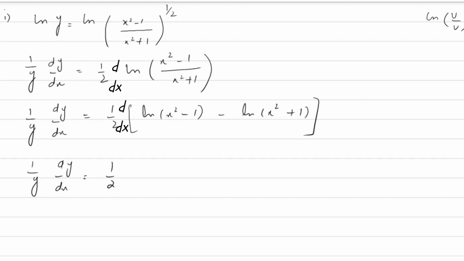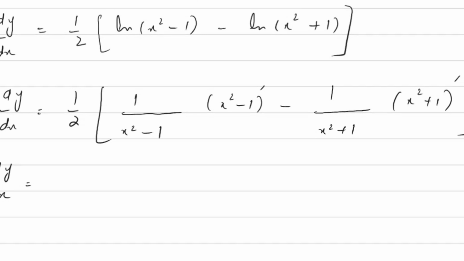Fine. So 1 upon y dy by dx, same, and derivative of ln x square minus 1 will be equal to 1 upon x square minus 1, and derivative of this x square minus 1 will be coming with it, and x square plus 1, and derivative of x square plus 1.